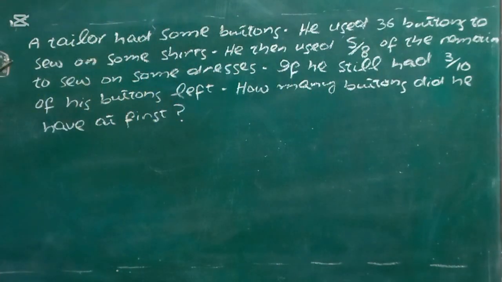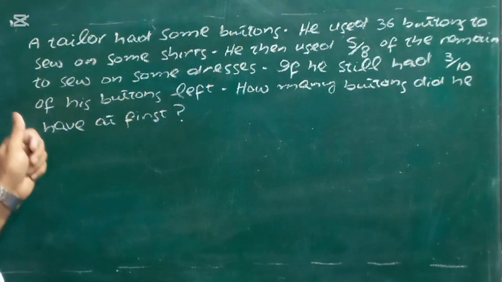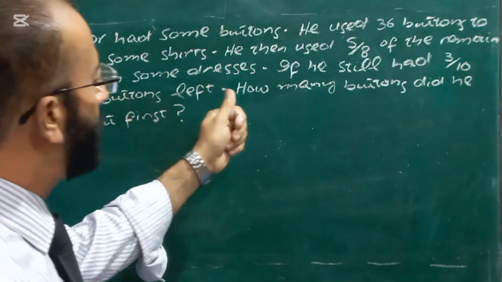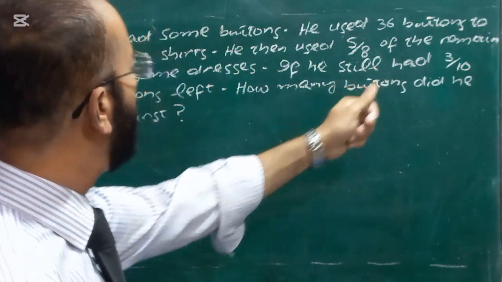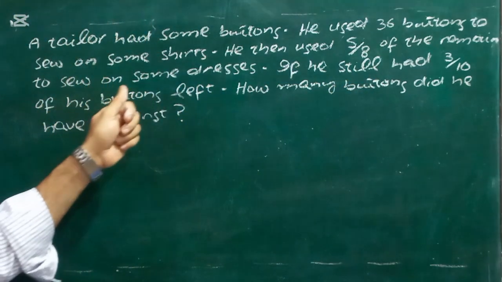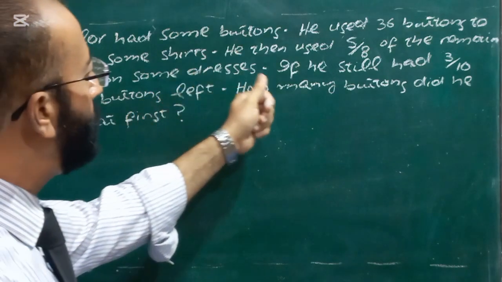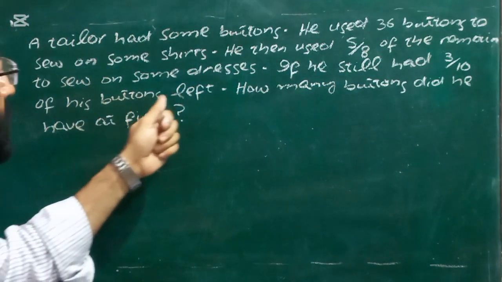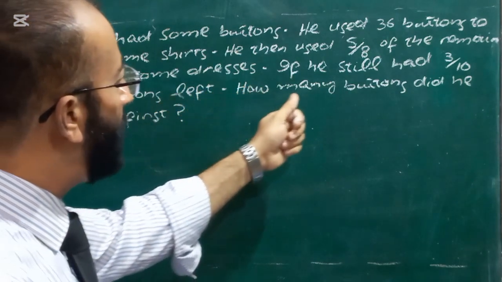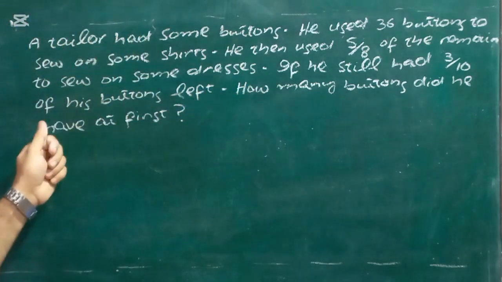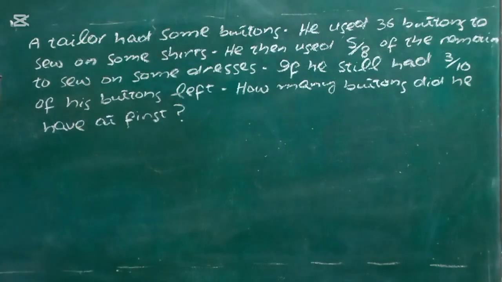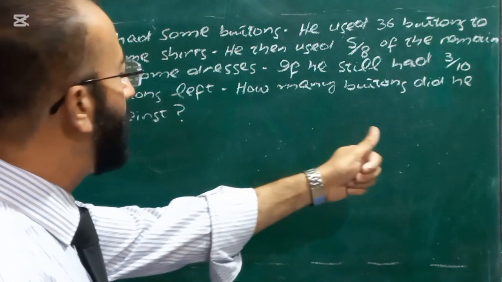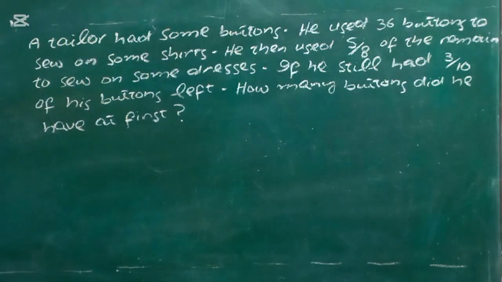Here is another question. The statement of the question is: a tailor had some buttons. He used 36 buttons to sew on some shirts. He then used 5 by 8 of the remaining to sew on some dresses. If he still had 3 by 10 of his buttons left, how many buttons did he have at first?